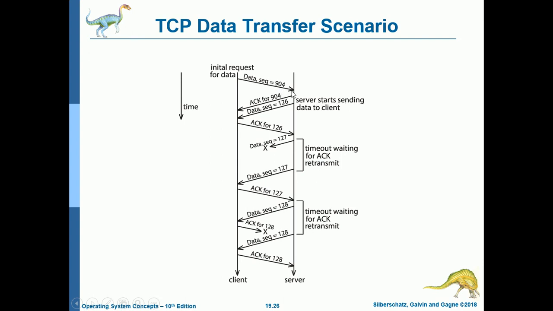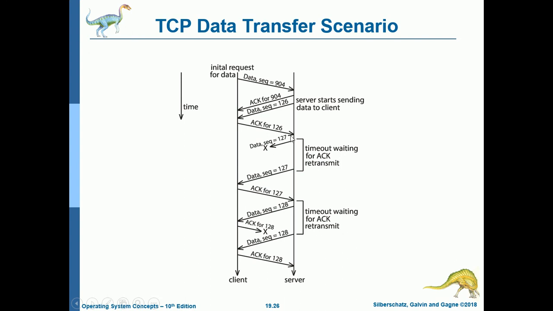Again, there's an acknowledgement coming from the server, and it also sends the synchronized sequence number. The data sequence is equal to 126, and then the client will acknowledge that the sequence is equal to 126 to notify the server that the client has received that data sequence.